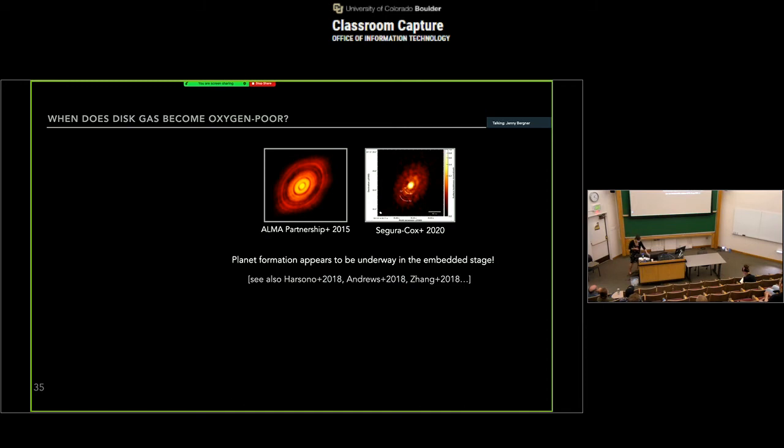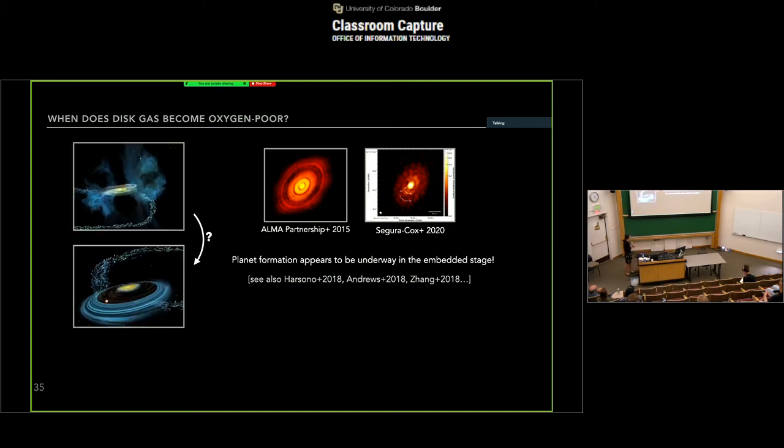Like I said at the beginning, historically we've looked at protoplanetary disks as the main sites of planet formation, but with ALMA we can now see, even in sources that are still embedded in their parent envelope, these really dramatic ringed structures that are suggestive of at least the initial stages of grain growth and dust processing. So we really have to reconcile our understanding of planet formation chemistry and understand: are these trends that we're seeing in the more mature disks also at play in these younger disks where the early stages of grain growth and planet formation are underway?